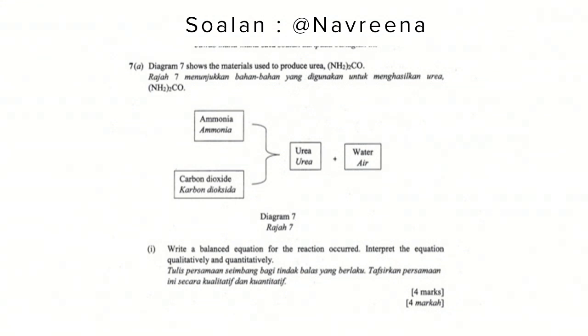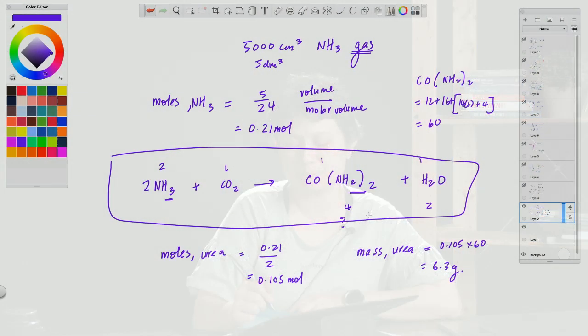Okay, diagram 7 shows the material used to produce urea. Okay, so ammonia and carbon dioxide. So balance equation there. Okay, so qualitative and quantitative. All right, so qualitative means you write down ammonia plus carbon dioxide forms urea plus water.